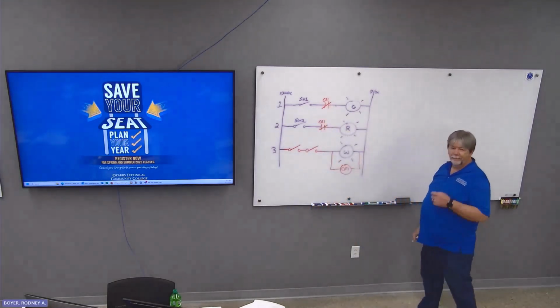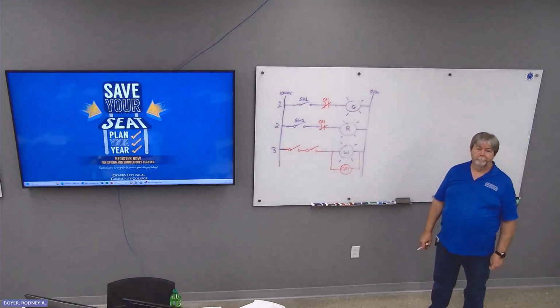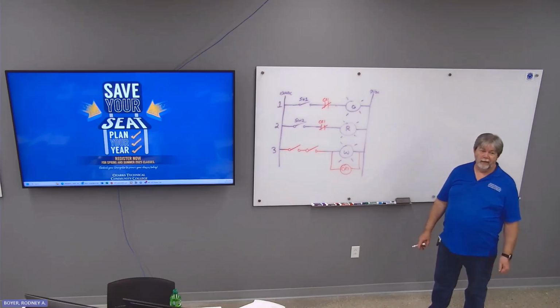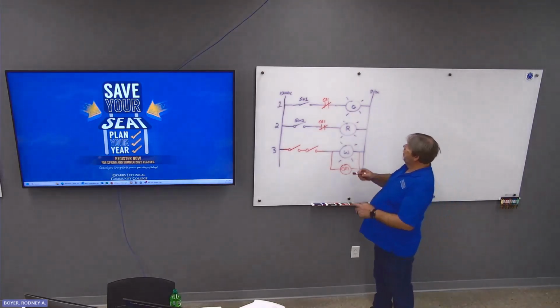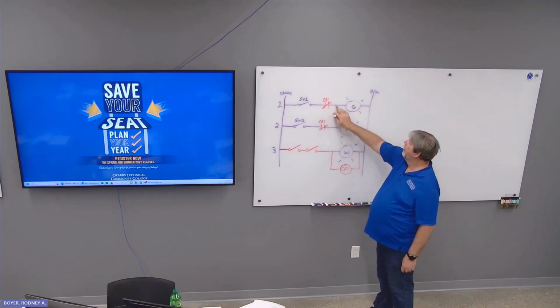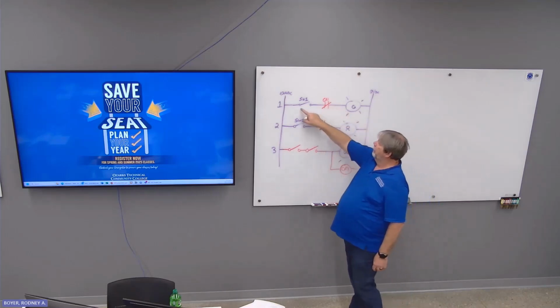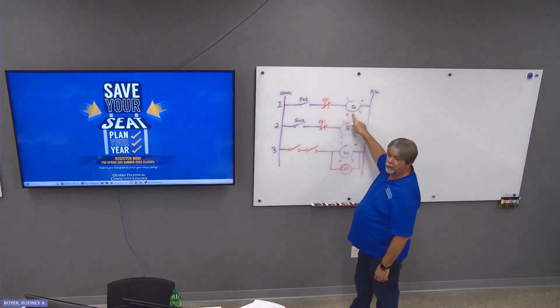What did something like that? Can you follow that? Normally closed contact. Okay. Press switch 1, if CR1 is not energized, green light turns on.